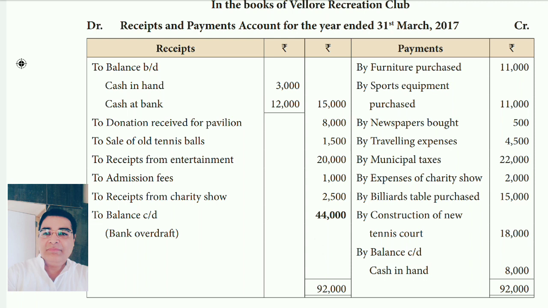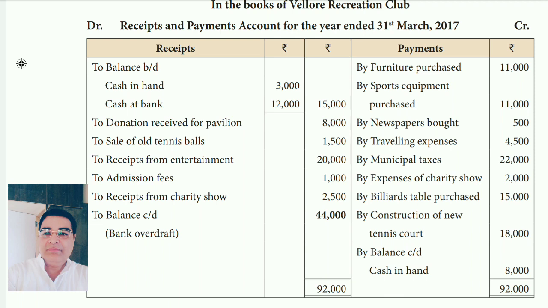Up to this, all 5 illustrations of the receipts and payment account will be completed. The important illustrations are the last two, 4 and 5. Whenever you are preparing the receipts and payment account, always remember one very important thing: 3 items will not come into the receipts and payment account.